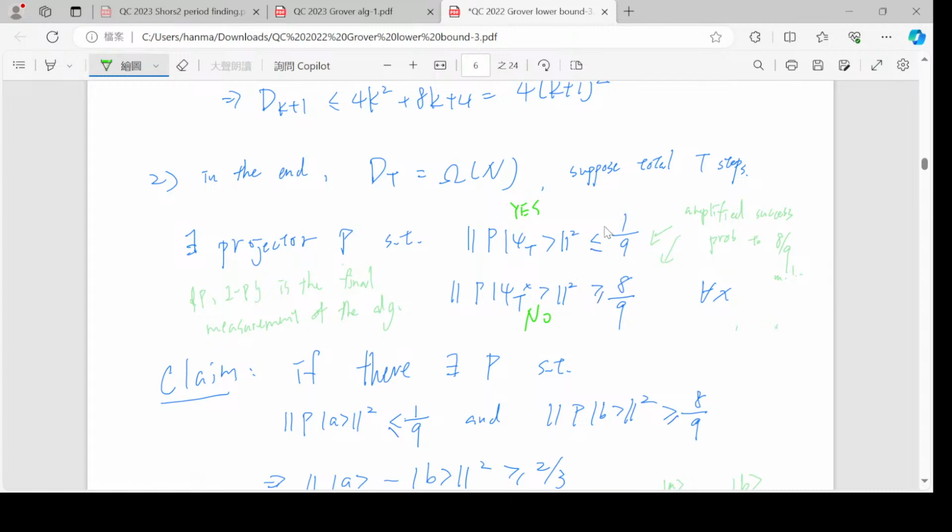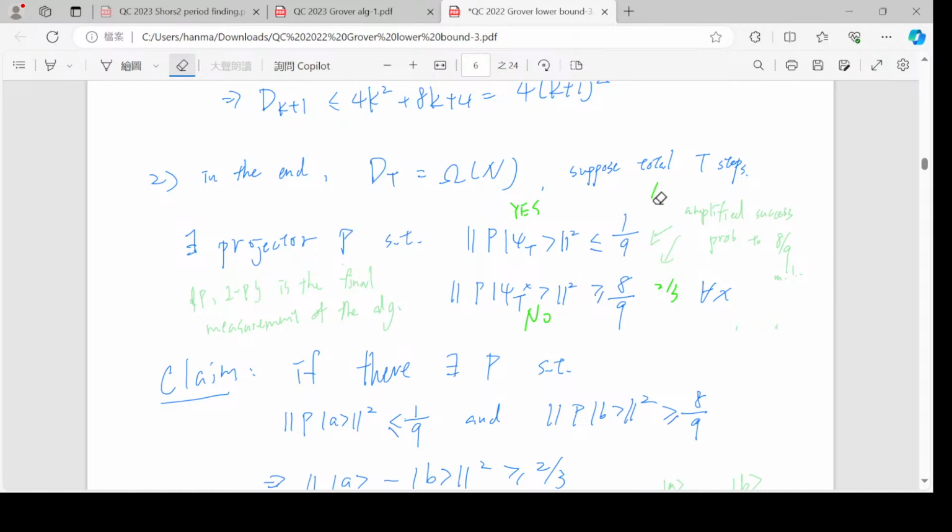So basically, this is some constant. Usually we use 1/3 and 2/3 when we talk about consensus probability, but it can be easily amplified to 8/9 by running your algorithm multiple times and doing majority voting.